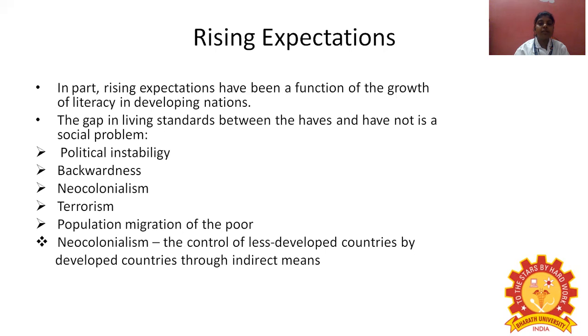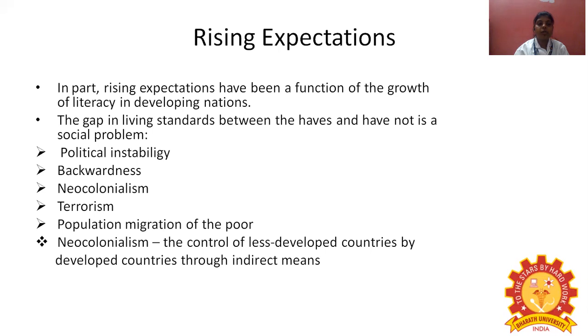Next, rising expectations. In part, rising expectations have been a function of the growth of literacy in developing nations. The gap in living standards between the haves and have-nots is a social problem.